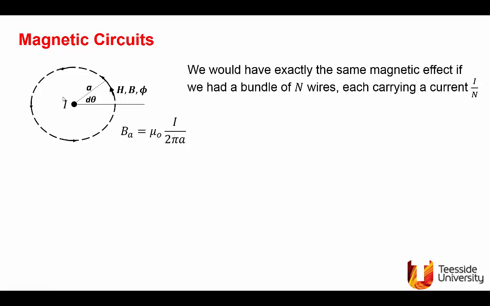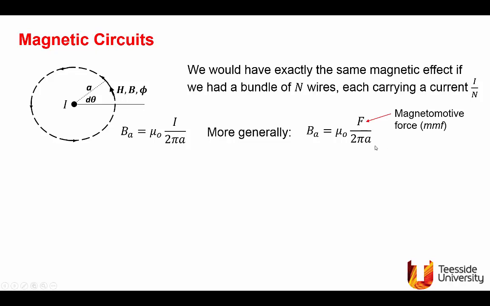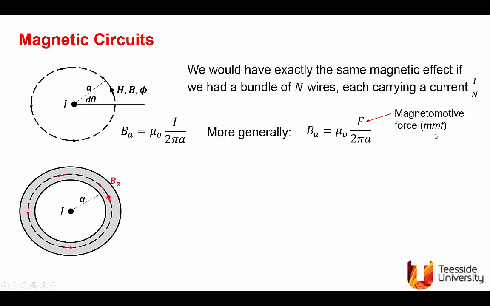We call them magnetomotive force acting on the contour. We will call it F. And generally, in this particular case, our magnetomotive force, the force that is creating the magnetic field, is I. It could have been N conductors, each carrying I over N. Could have been anything else. Generally, we'll call it F, where F is the MMF, or magnetomotive force.